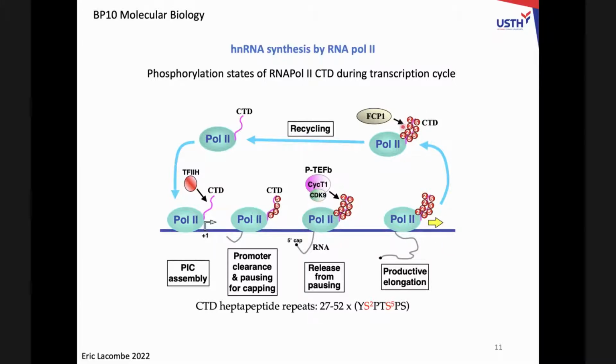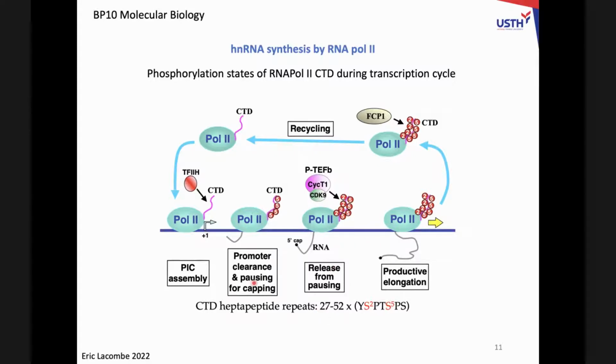It is unphosphorylated by a phosphatase, so you don't need to remember the name. FCP, P stands for phosphatase. All the phosphate groups will be removed from the C-terminal domain, and the Pol2 is inactive again and can enter back a cycle, and we go on.